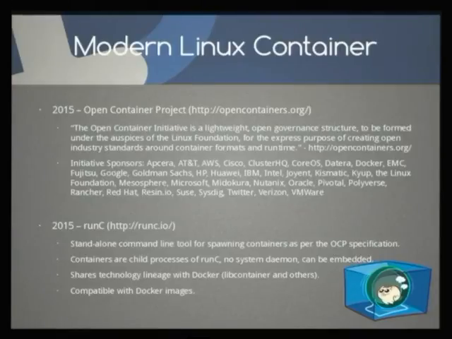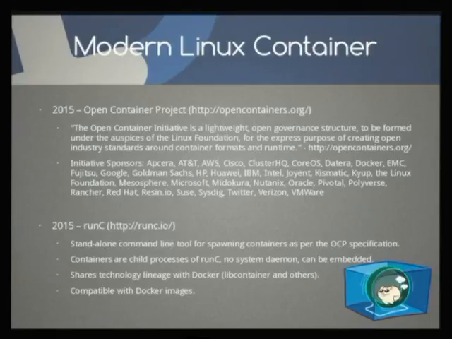The Open Container Project is trying to corral a lot of these ideas, a lot of these disparate open source upstream communities that are running with different ideas in different directions, to agree on certain standards around container technologies. And runC came out of that. runC is a standalone command line tool that allows you to spawn containers based on the Open Container Project specification.